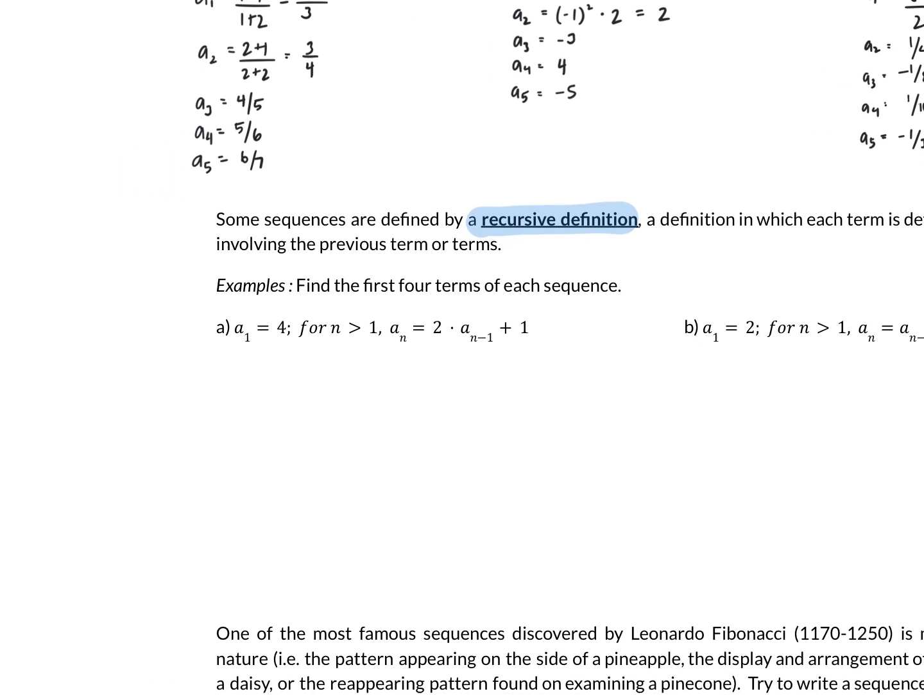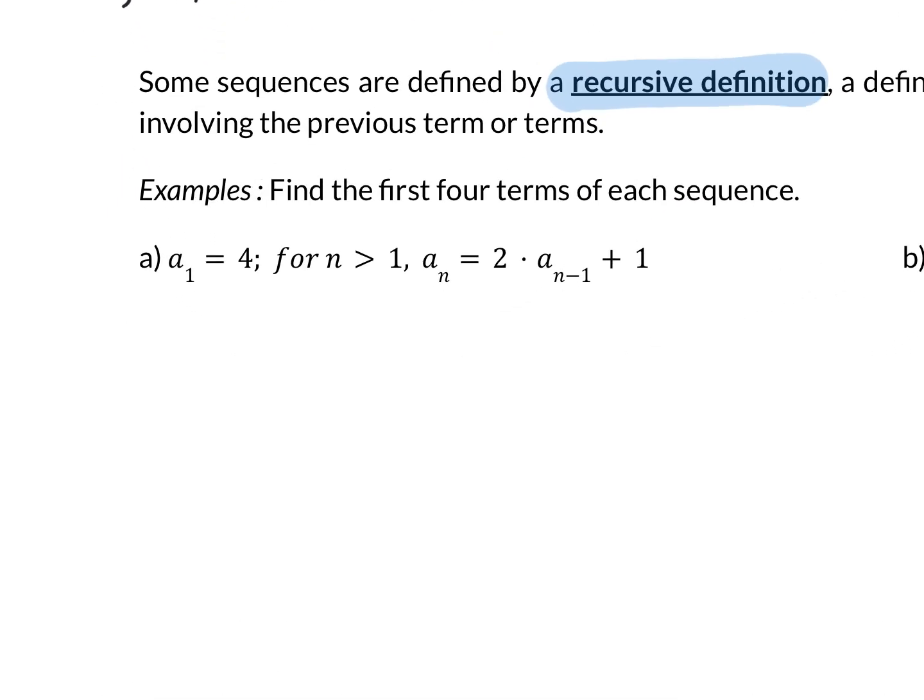So if I look at this example here, we're given a lot more information other than a sub n equals something. We know that a sub 1 equals 4. So that's my first term. I already was given my first term, so now I need to only find 3 more terms.